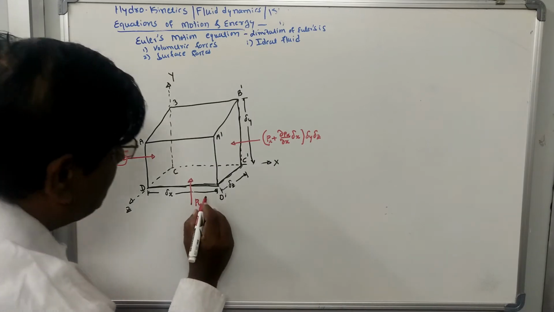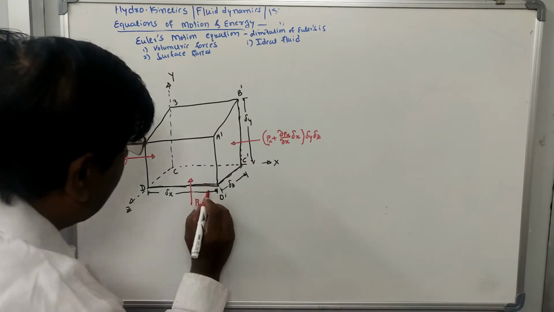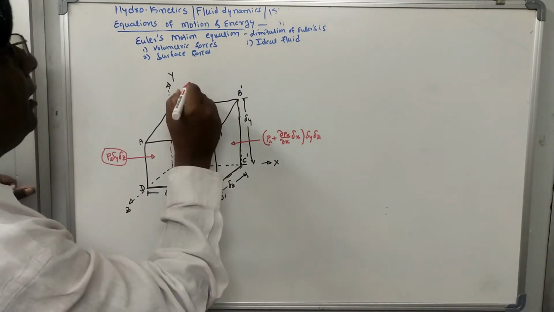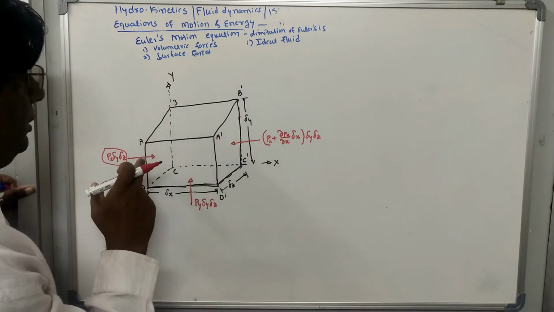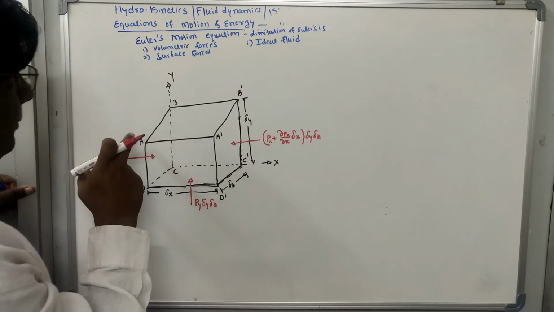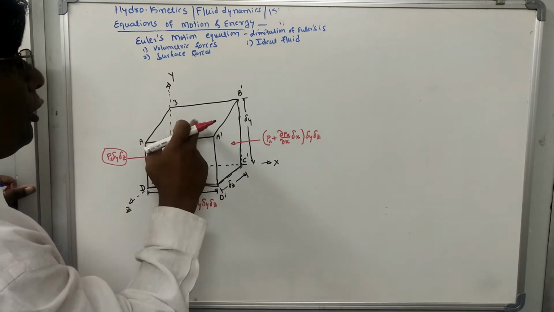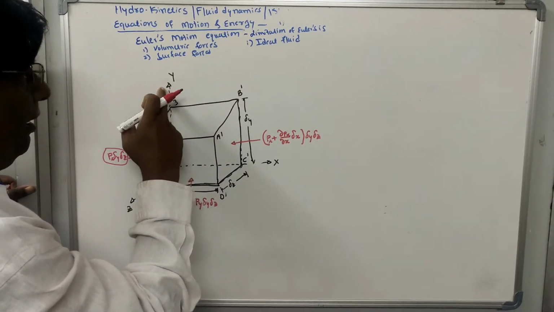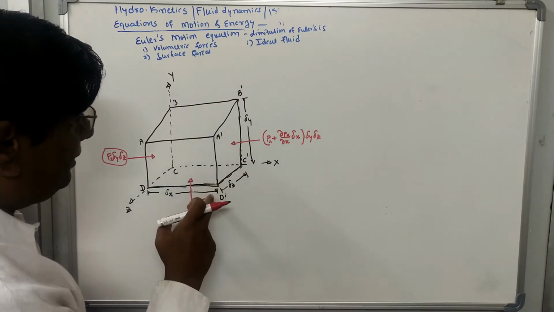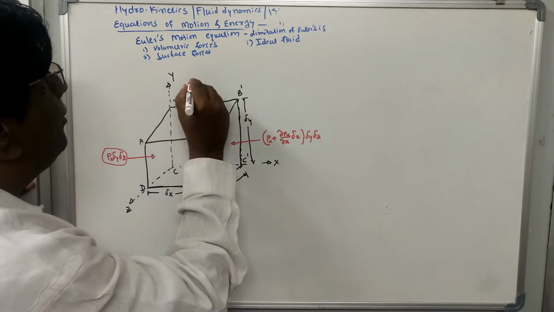and the pressure force is the area of the plane D, C, C dash, D dash, that is delta x and delta z. Now the pressure force acting on plane A, B, B dash, A dash, whose normal is also in the y direction, but this plane is away from the plane D, C, C dash, D dash by the length delta y.